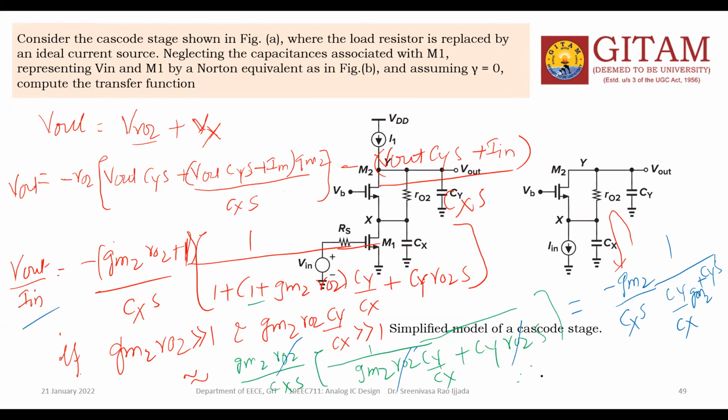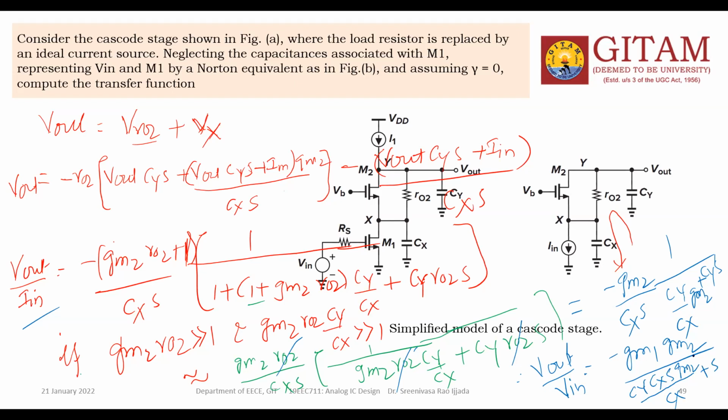Therefore, the ratio of output to input voltage is equal to minus gm1 into gm2 by, same thing, taking Cy common in both cases, Cy Cx, gm2 by Cx plus S. So how do we get Vout by Vn?